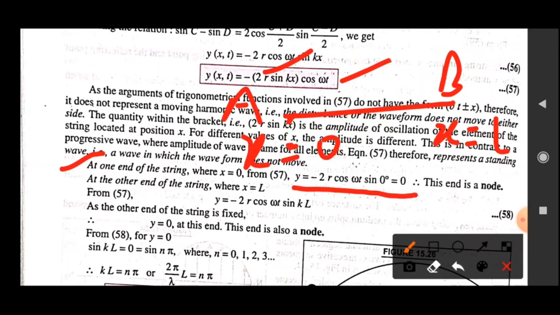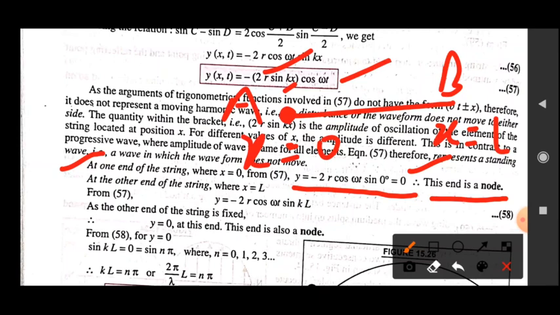As x is equal to 0, it will be sine 0 and its value will be 0. Whenever we get 0 displacement, that is known as the position of node. So it means point A is the position of node.